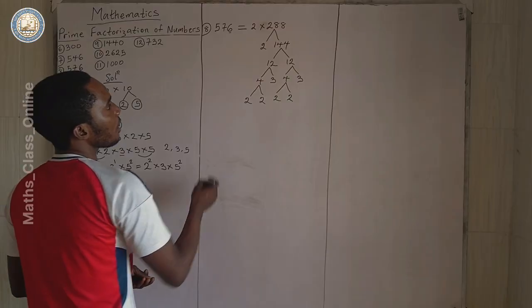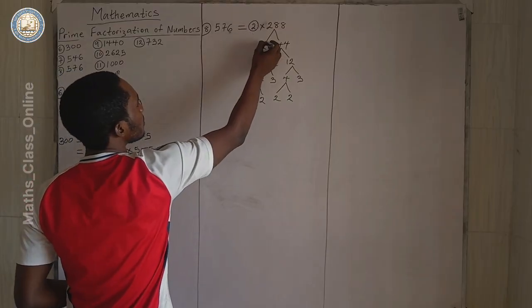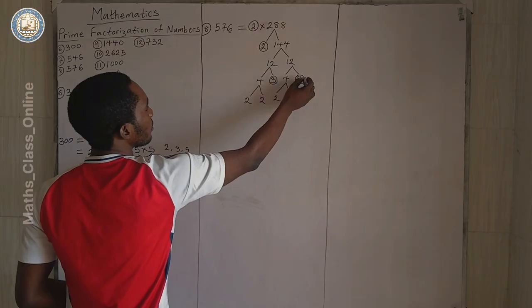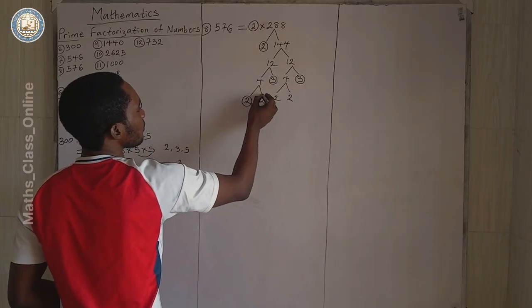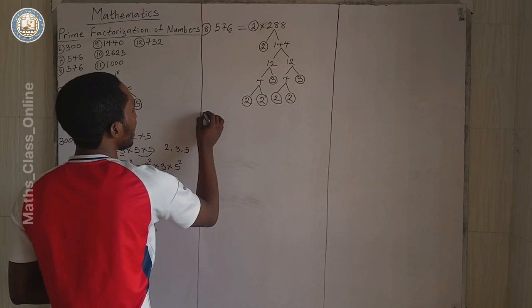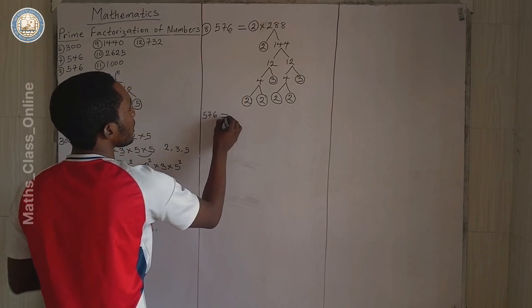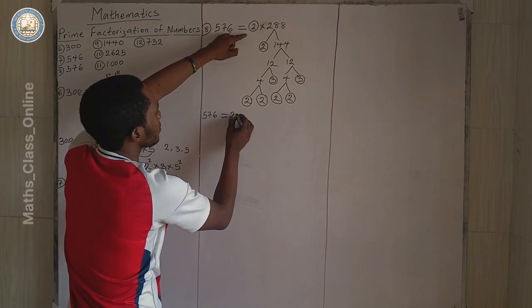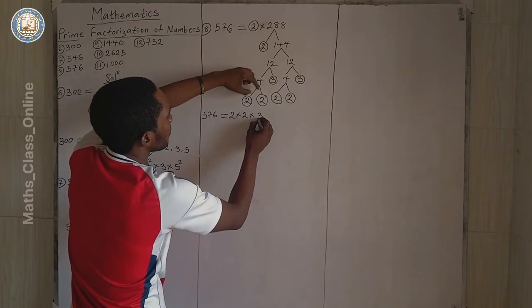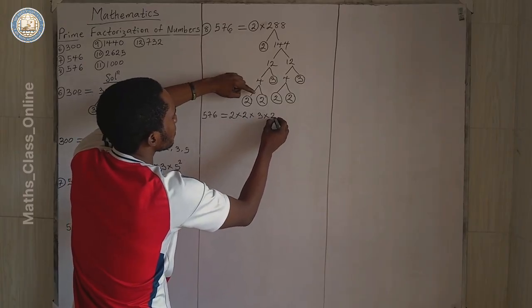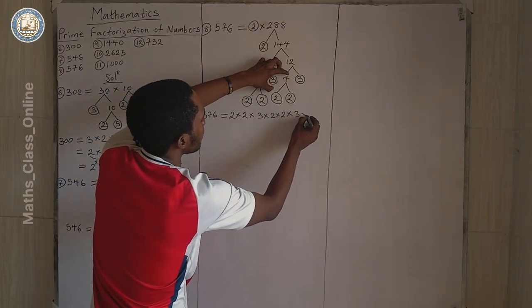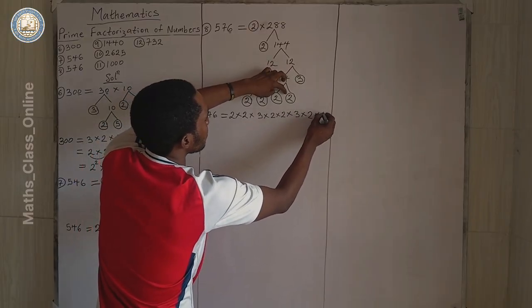The prime numbers that we have here is what? 1, 2, 3, 4, 5, 6, 7, 8. 576 is equal to 2 times 2 times 3 times 2 times 2 times 3 times 2 times 2.